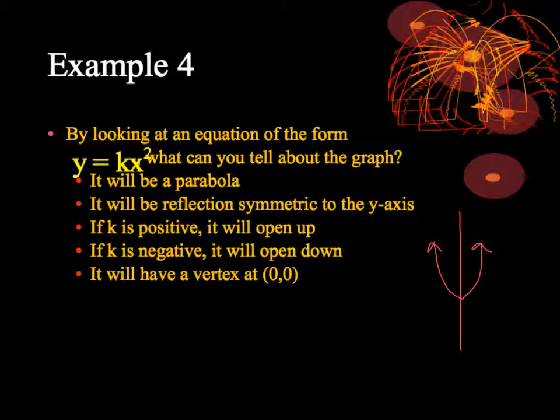When k is positive, the number in front is positive, it will open up as I have pictured here. When k is negative, it will open down from the origin as I have pictured here in blue. And all parabolas in the form y equals kx squared sit right on the origin. We say that their vertex is at the origin.